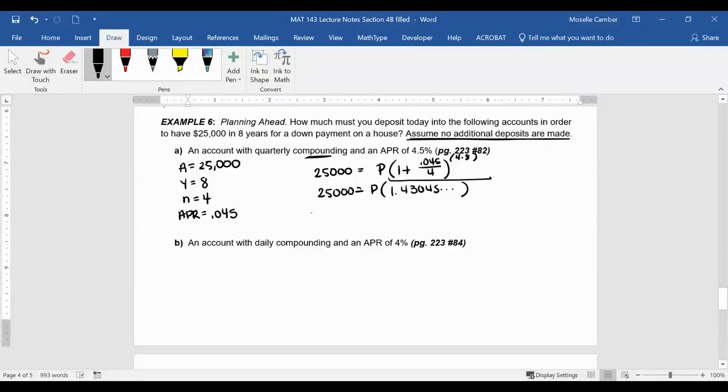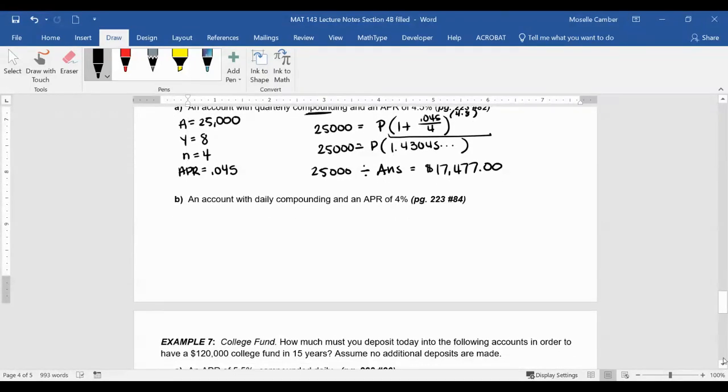And then you do 25,000 divided by your answer, and we get $17,477 even, rounded. So that means that to have $25,000 in 8 years, today we'd have to put in $17,477.